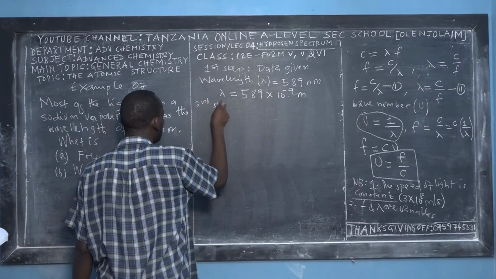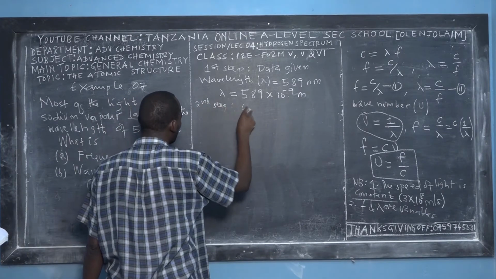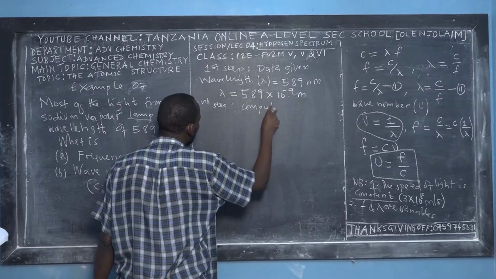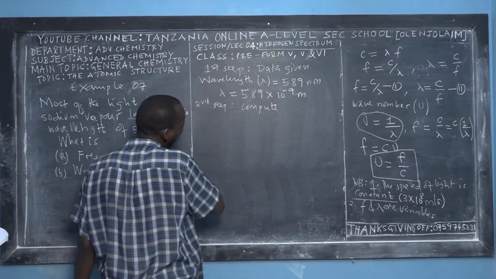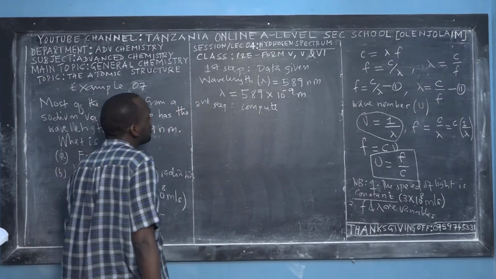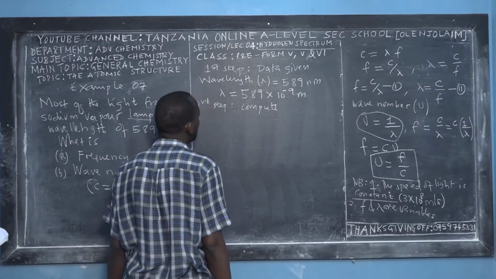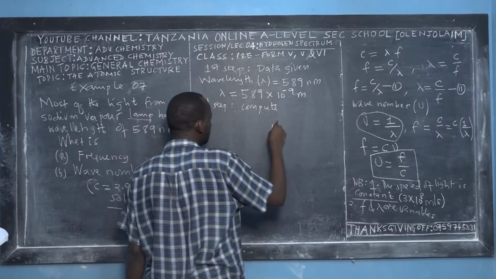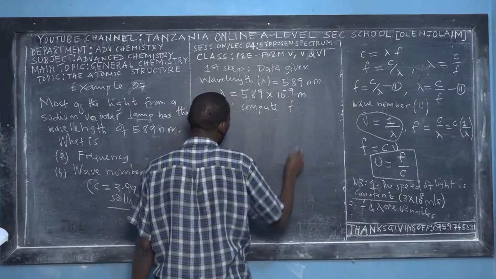So the second step is to record the formula, the main thing we have to compute. We have to compute the frequency.